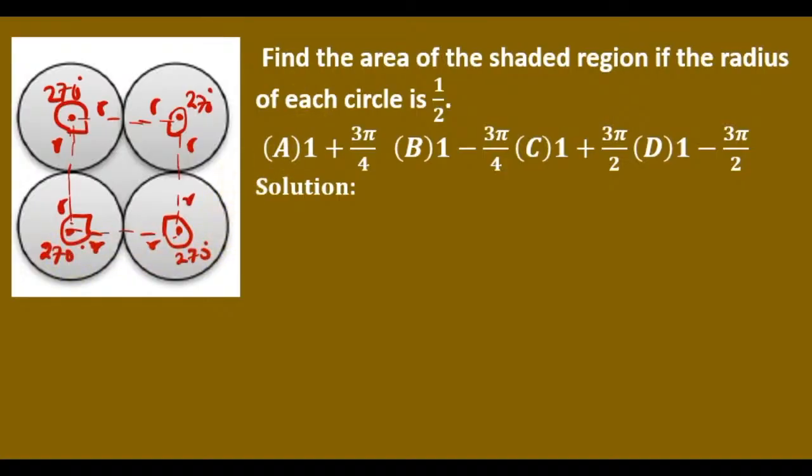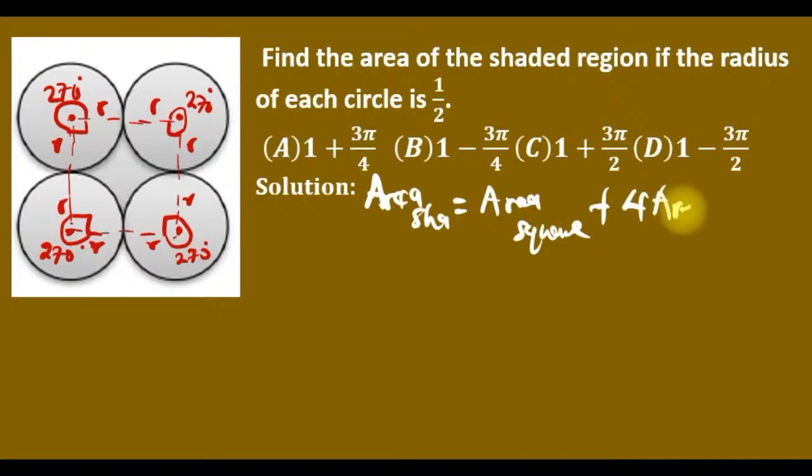So let's find our area now. Area is now the sum of, so we now see that area shaded is area of the square plus 4 times area of one major sector, because they are all congruent sectors.